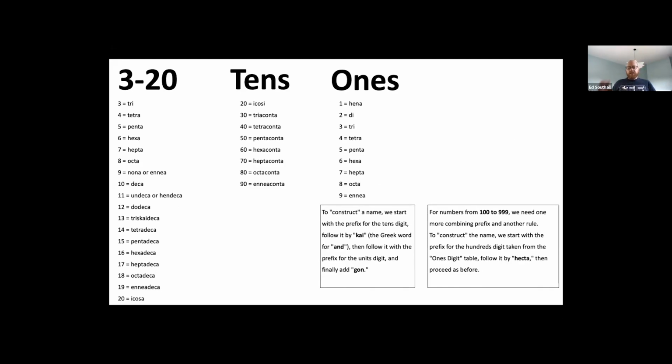And yes, there is a system. This is a very hard to come by resource. I think there's one website on the whole of the net, as far as I can tell, that lists this structure formally. But this is the structure of the naming of regular shapes.